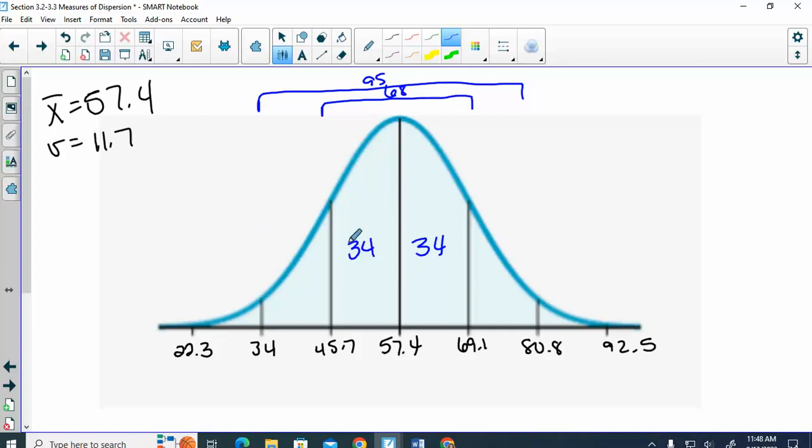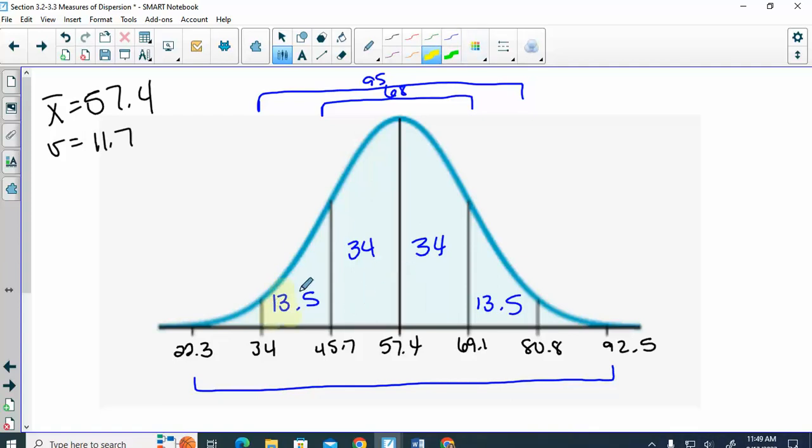So that's this piece. If you subtract off the 34 we've already used, that leaves you 13.5. And if you needed the last one, you would do the same thing. 99.7 divided by 2 and subtract off the ones we already know. So we wanted between 34 and 69.1. So basically we had to add these 3 percentages together.